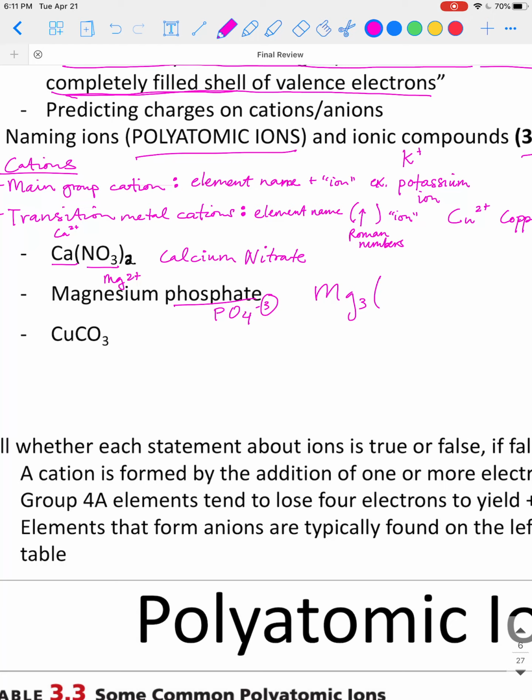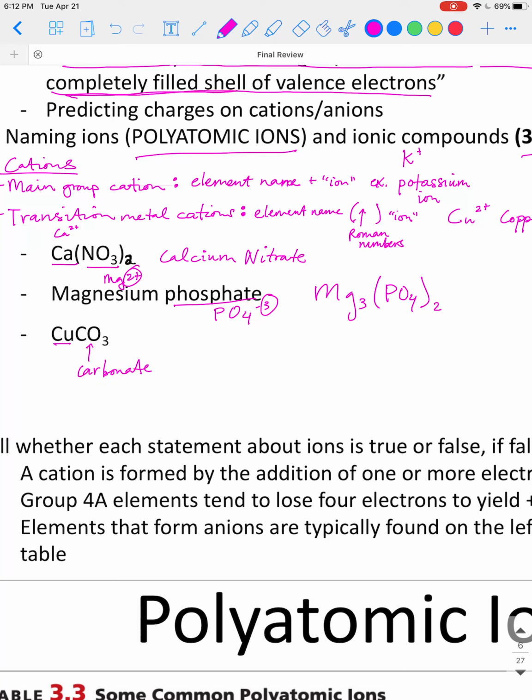So Mg3, because the charge on my anion is 3. And then I'm going to put in parentheses, anytime you need a polyatomic and you need more than one of them, you've got to put it in parentheses. So phosphate, if I look at the charge on magnesium, it's 2, so I know I need more than one. That's why I'm putting it in parentheses. So there's magnesium phosphate.